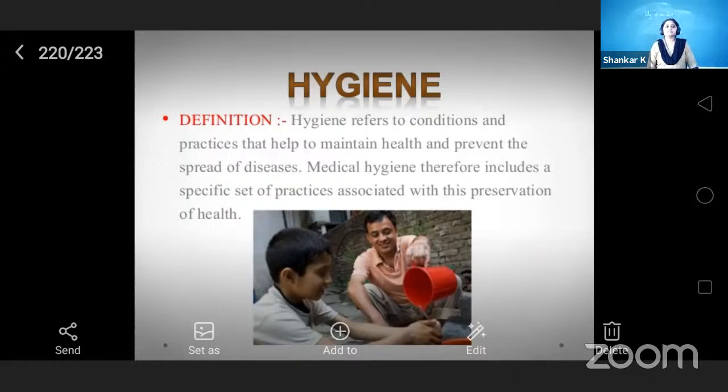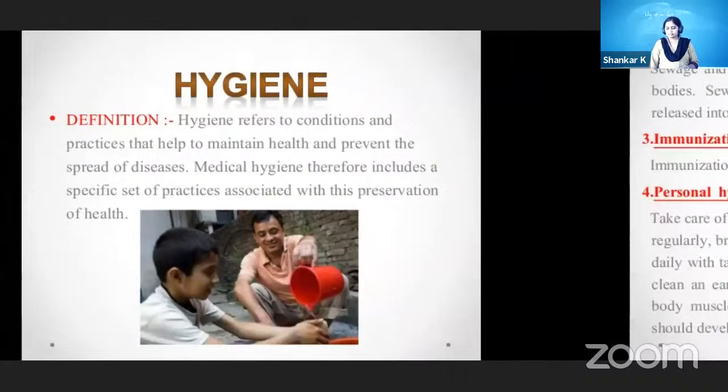By maintaining public hygiene, we can prevent the spreading of diseases. Medical hygiene therefore includes a specific set of practices associated with the preservation of health.